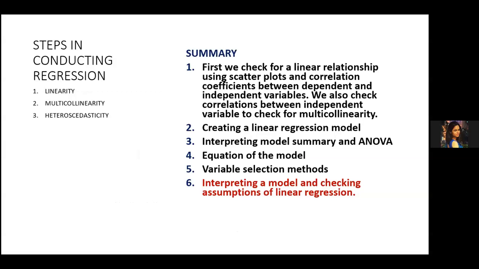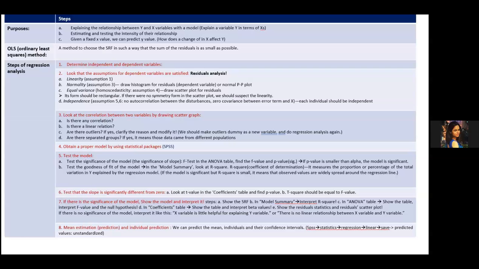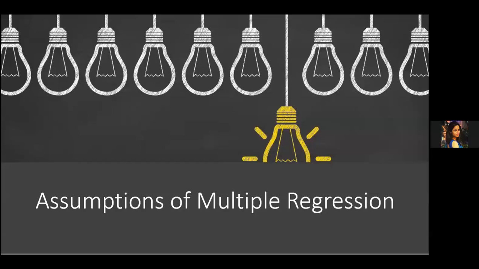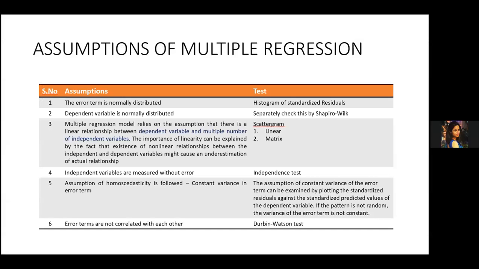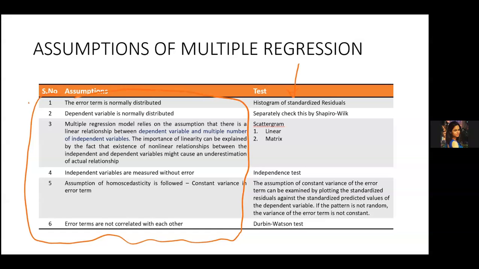Yes, this is done. After that, there are certain assumptions of multiple regression. Okay, there are certain conditions that should be met. So you have to just remember these assumptions, and there are certain tests we do. Remember just the names of these tests.